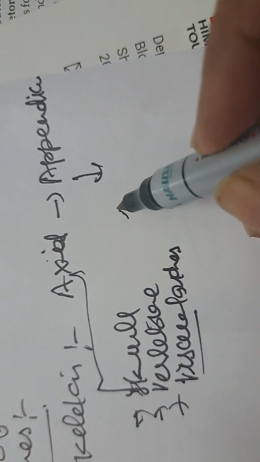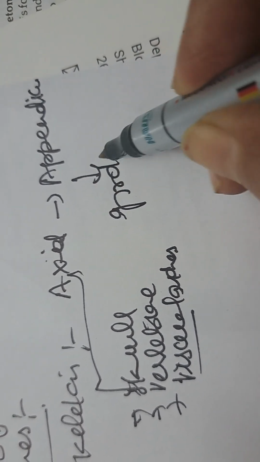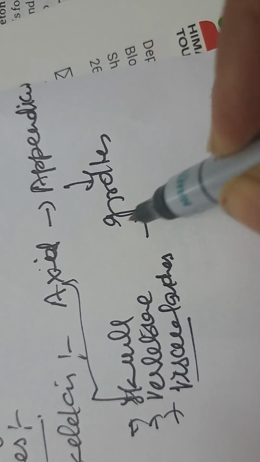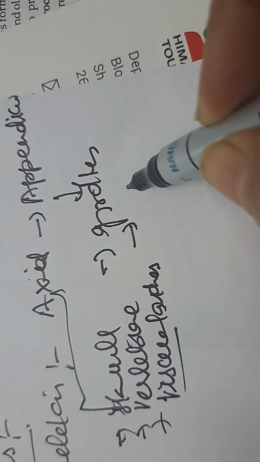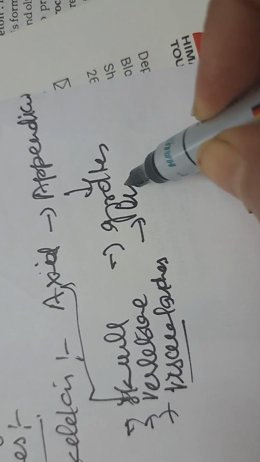Whereas appendicular skeleton includes the girdles, that is pectoral and pelvic girdle, and second is the limbs or extremities.